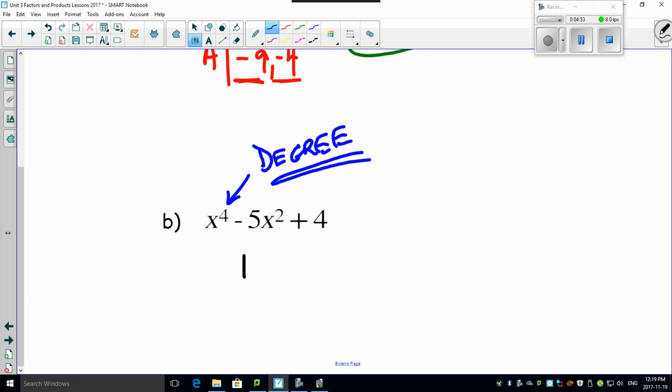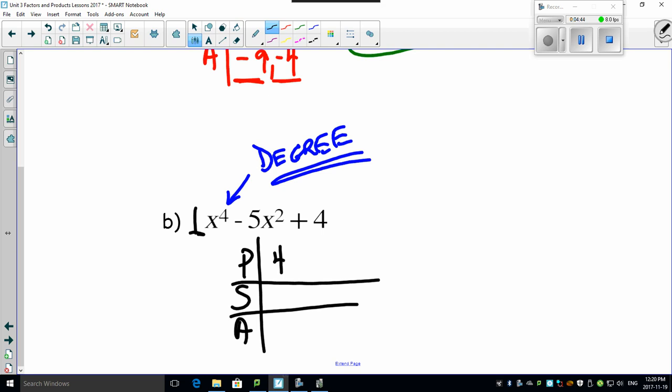So let's do it. We know that this is a PSA 1 already. How do we know? There's a 1 up front. That's usually your telltale sign, and the fact that this is a trinomial. So there's a 4, there's a minus 5, and look at that. Minus 4 times minus 1 works, minus 4 plus minus 1 works, so your answer is minus 4 and minus 1.